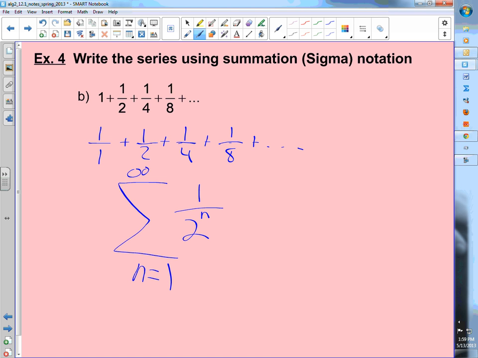So what you're looking at on the top, they're all ones. You'd have something like 1 over, and then you're just looking at the bottoms. 1, 2, 4, 8. Those are powers of 2. So when n is 1, 2 to the first is 2, so 1 over 2. We need it to be 1 over 1.